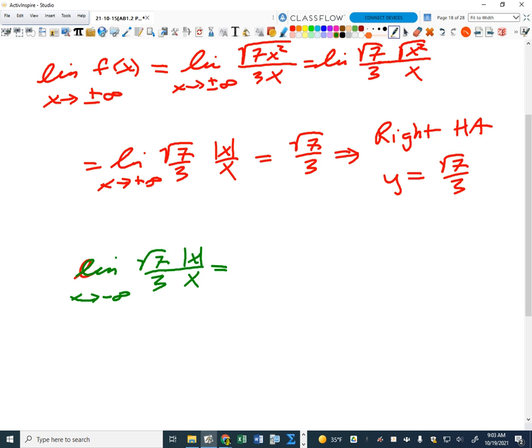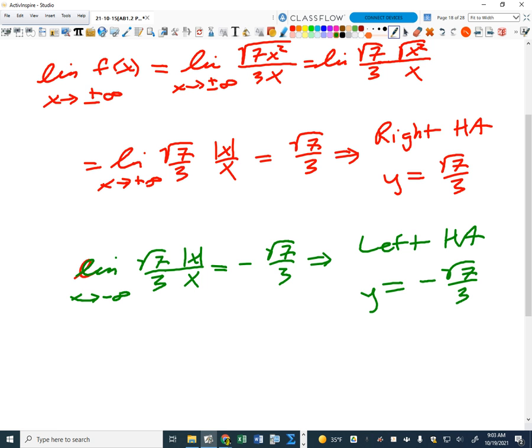As I approach negative infinity, what am I going to get? Well, that's just going to give me -1 out of this thing, right? So I'm going to end up with negative square root of 7/3, which tells me that the left horizontal asymptote is the line y equals negative square root of 7/3. Okay? And I see that right here just because I'm multiplying this step function by square root of 7/3.